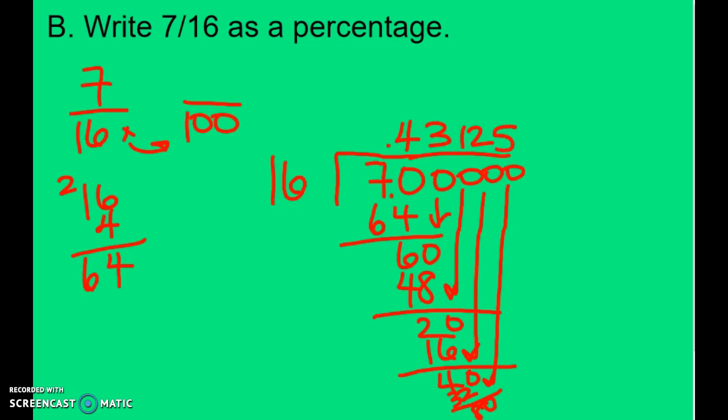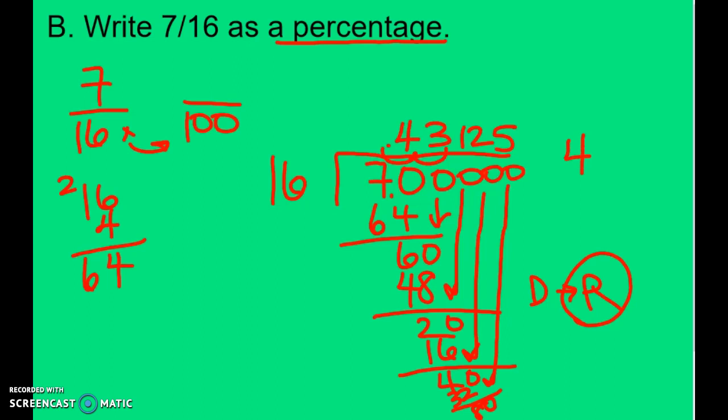Okay, so that was a lot of division. But we get to our answer. And remember that first step was to change our fraction to a decimal. But we're looking for that percentage. So remember, when we change from a decimal to a percent, the P looks like an R. So we're going to move that decimal 2 times to the right. 1, 2.